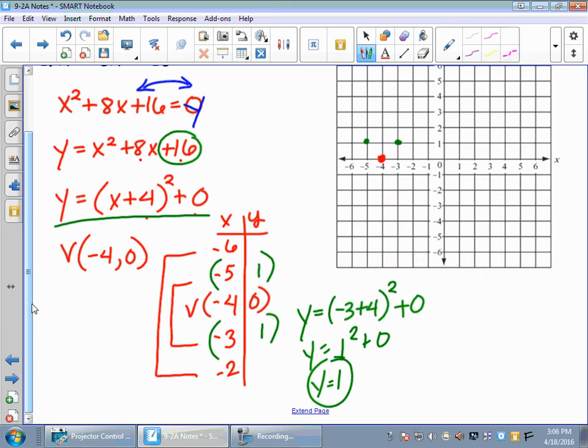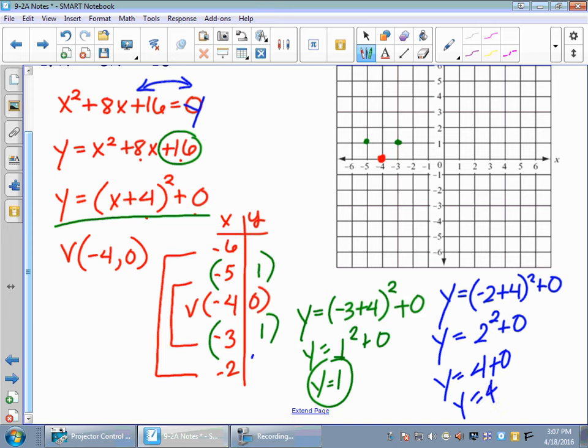And then for the fourth and fifth points, I'm going to plug in either -2 or -6. I'm going to plug in -2. So I'm going to use the vertex form, make x -2, solve, and I end up with 4.